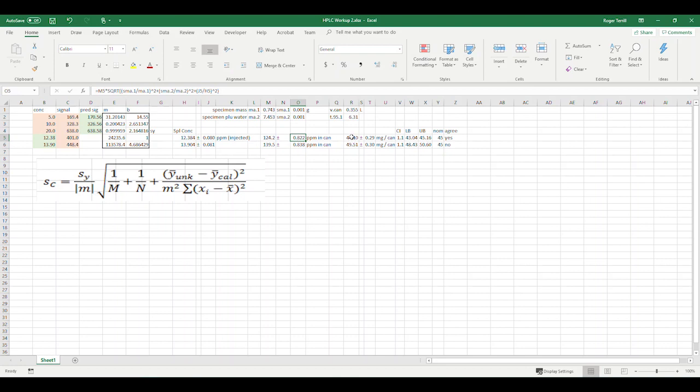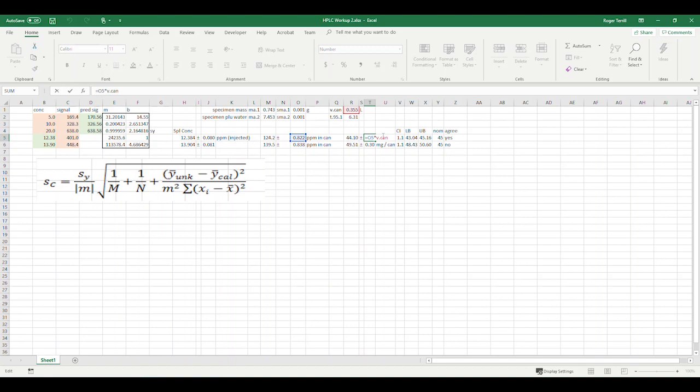Now we need to get to milligrams per can here, and that is just ppm in the can times the can volume. So milligrams per liter times liters per can, basically, is milligrams per can. And the uncertainty in that value is simply the uncertainty associated with parts per million in can times 0.355.